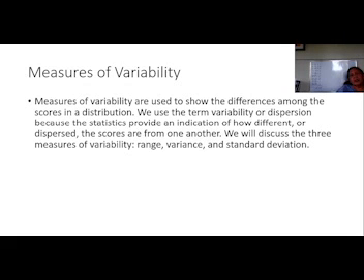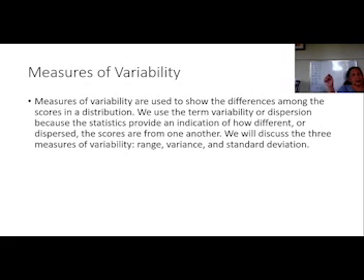Once again, deviation from a central point: if the central point is the mean, then we are looking for the standard deviation. If it is deviation from the median, then we are looking for the quartile deviation.